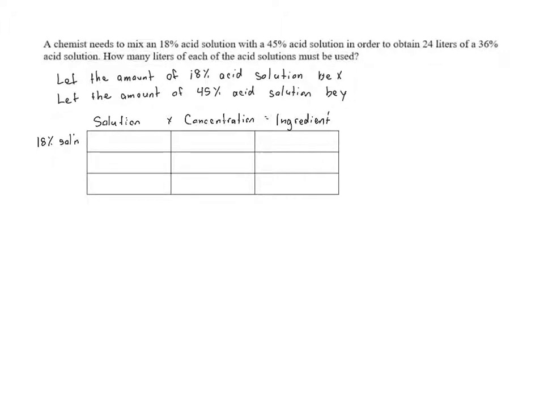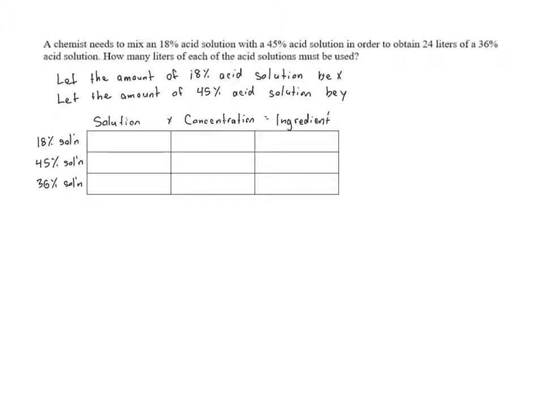The second one will be the 45% solution. And when they're mixed together, we need to obtain a 36% solution. And that is how we're going to label that third row. There's an extra row in these problems because when we take the two starting solutions and mix them together, we end up with a third one.